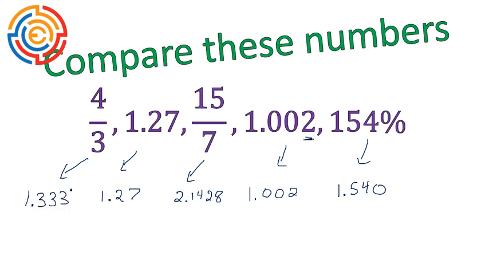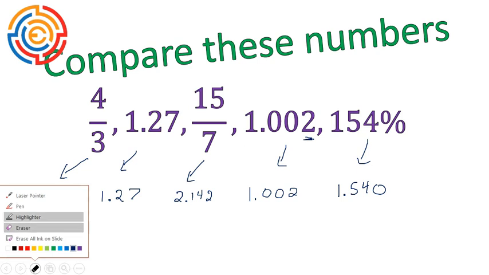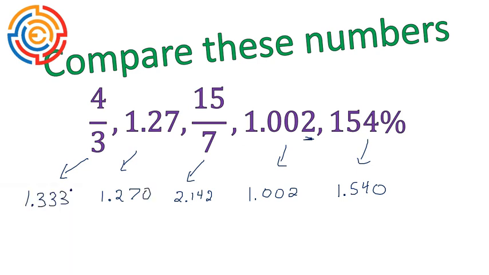So let's get rid of that number and add in that. Now everything has 3 digits on the left of the decimal, 4 digits in total, and we can compare them pretty easily.